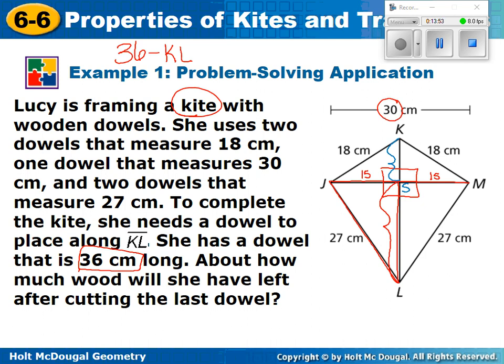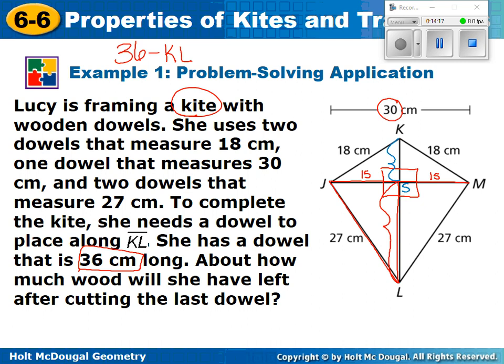What is it? 729. From there, what do we do? Subtract the 225. So we have x squared equals 504. To solve for x, we're going to take the square root. So we have x is equal to the square root of 504.